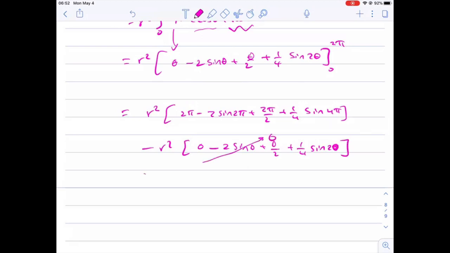Now this is 0. Now what about the first part? We have r squared times 2 pi. This is 0. This is 0 plus pi, and that's 3 pi r squared.